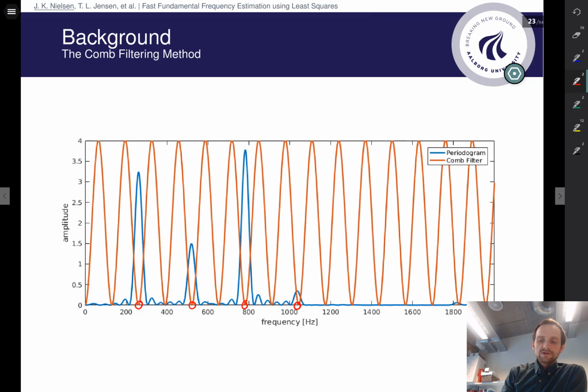And you could triple the period, the candidate period, and you would get something that will still cancel out the energy of the input signal. So that's the problem, not only for the comb filtering method, but basically for all fundamental frequency estimation methods. I'll return to that a bit later when I talk about the nonlinear least squares method.